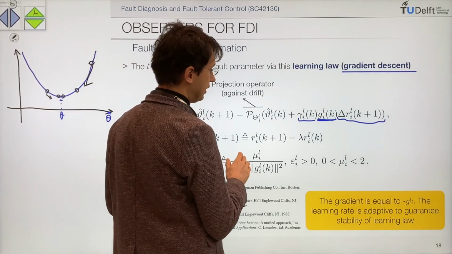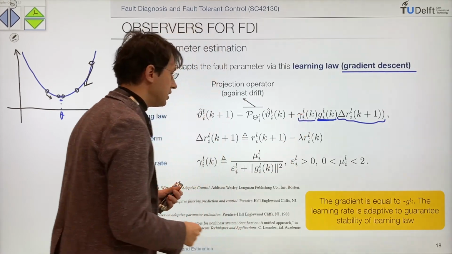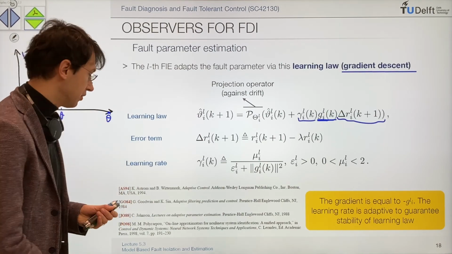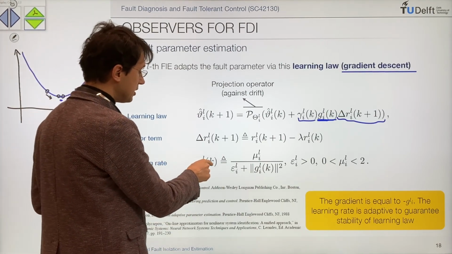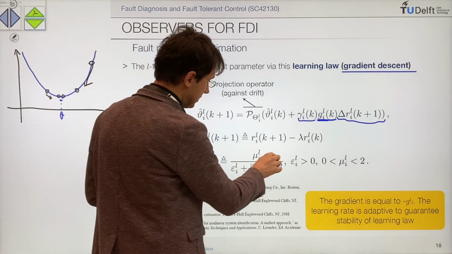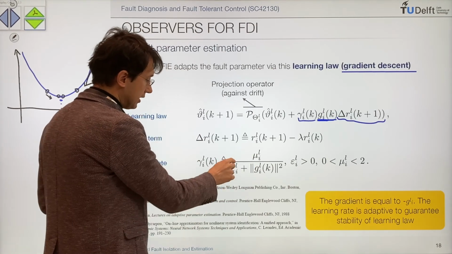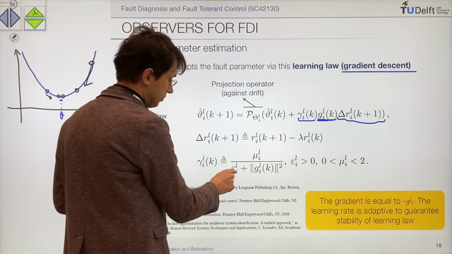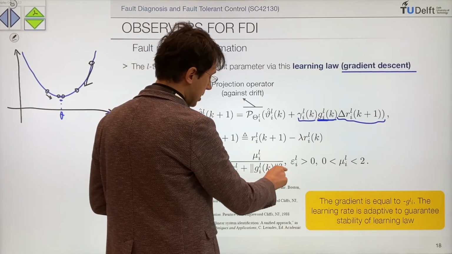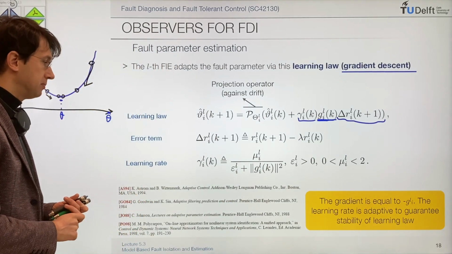What we are left with, and we still need to define, is this gamma, which is the one that is guaranteeing stability of this learning law. So this learning rate, which is time varying also, is equal to this expression. We have a term on the top, mu, and at the denominator we have two terms, one epsilon plus this norm of the gradient.